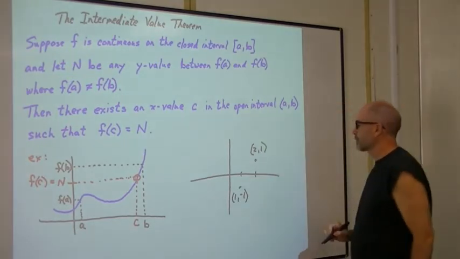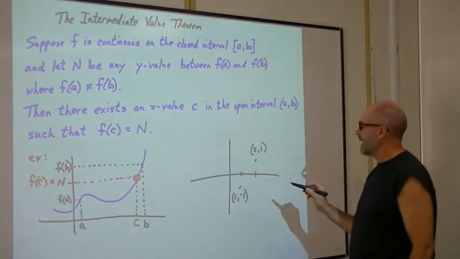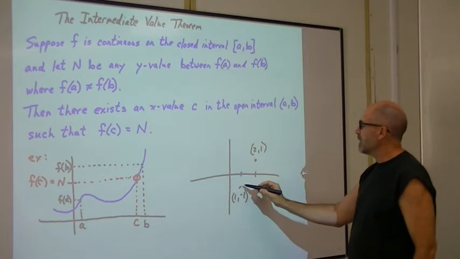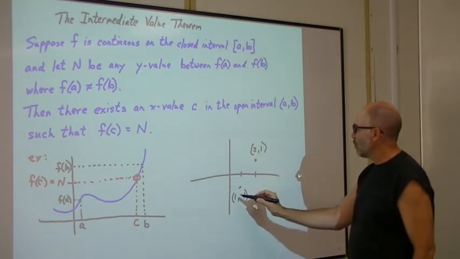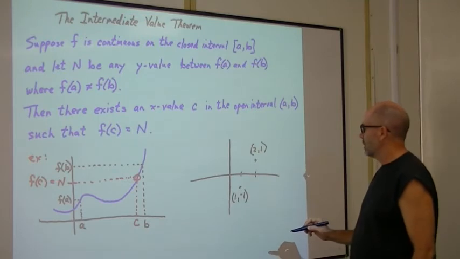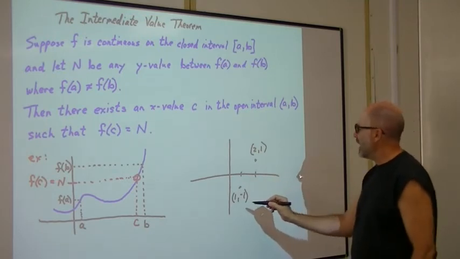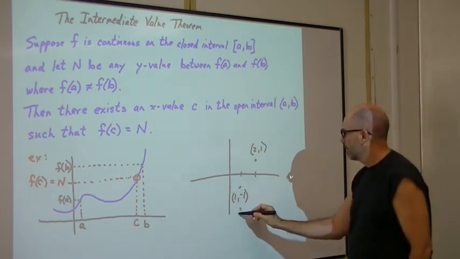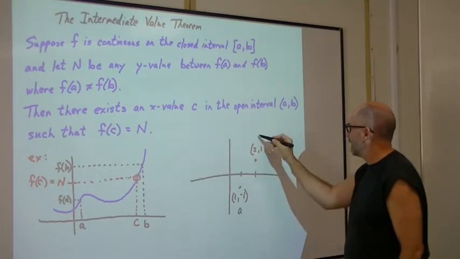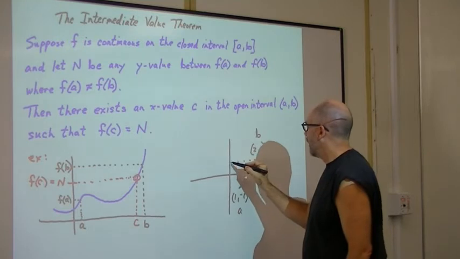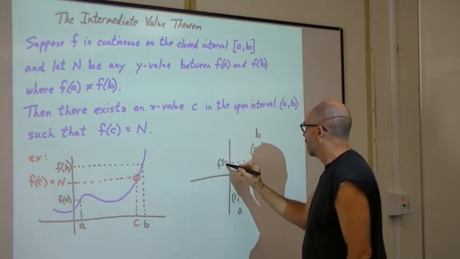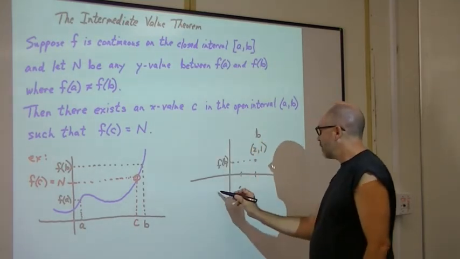All right. Now what we said last year was there has to be a root in between x equals 1 and x equals 2. See, this is your a, and this is your b. And so this is your f of b, and this is your f of a.